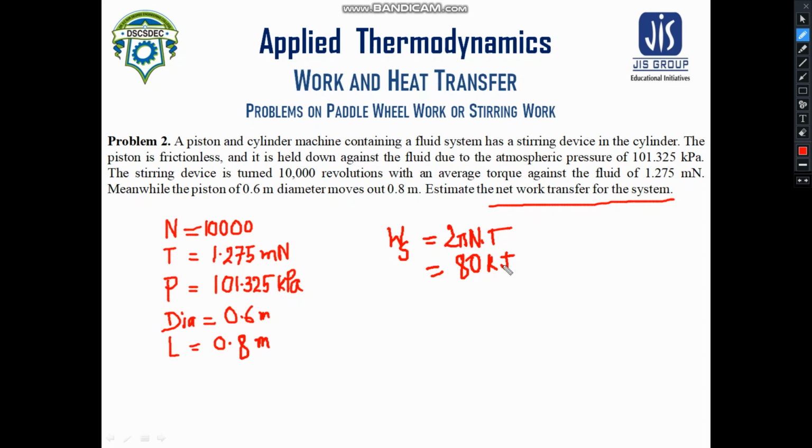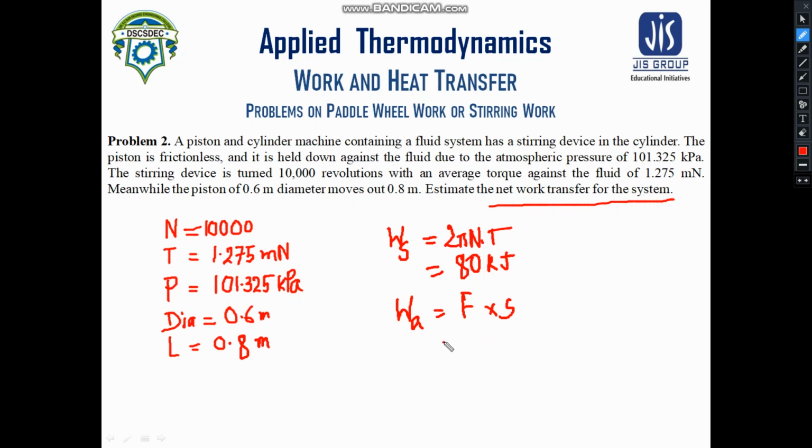Now you need to calculate the work done by the fluid system on the piston. Now that will be calculated as WA. So it is force into displacement.